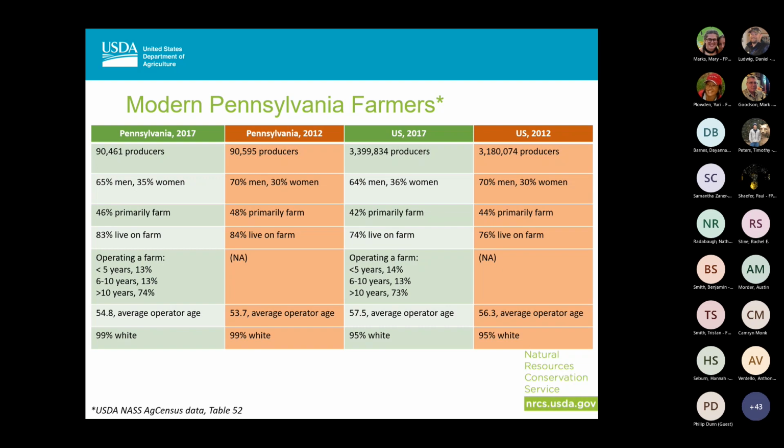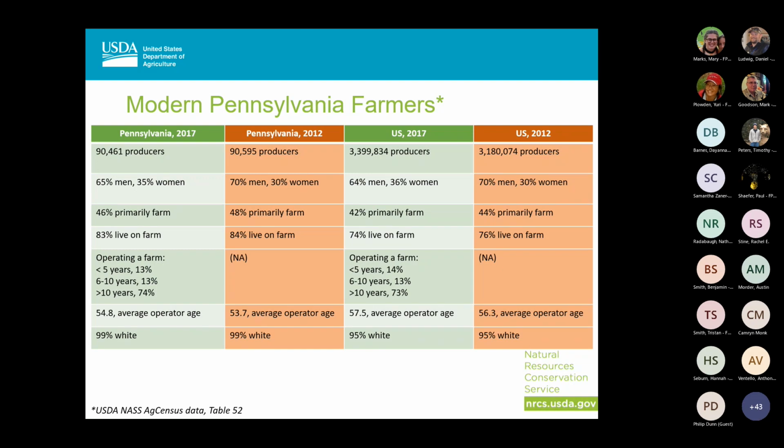Over about 74% of producers have been operating a farm for over 10 years. So we say it all the time, but no one knows the operation as well as the operator. So it's really important to remember when we're talking to producers about decision making when it comes to conservation or anything at all, that they are going to have opinions for sure, because they've been working their land longer than anyone.